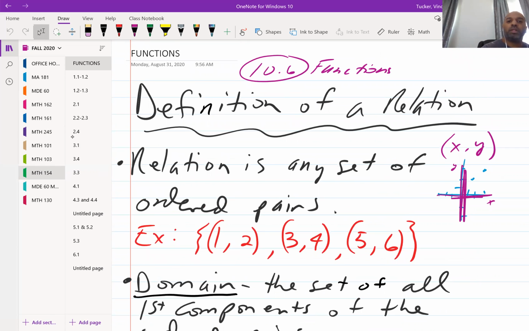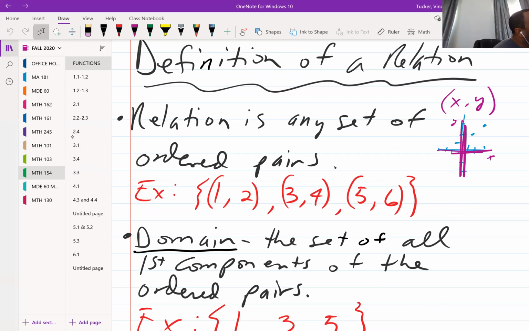All right. So the next thing you talk about in this section are your functions. And we look at relations first, or relation, just any set of ordered pairs.